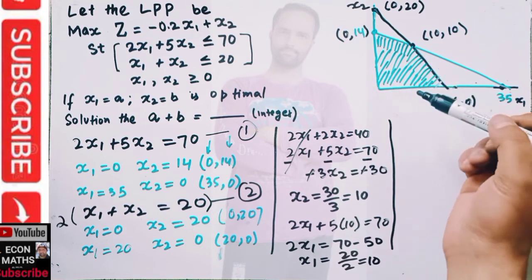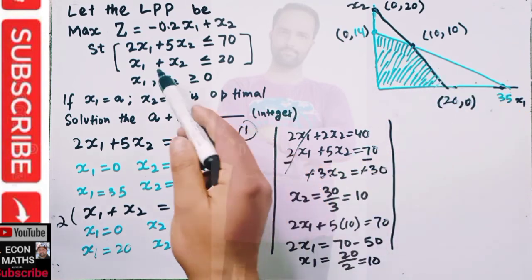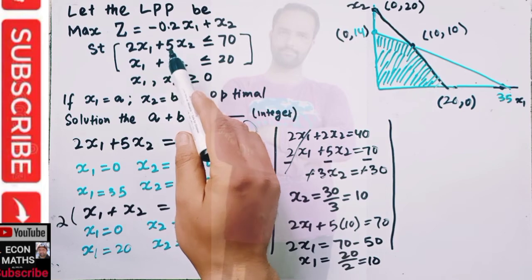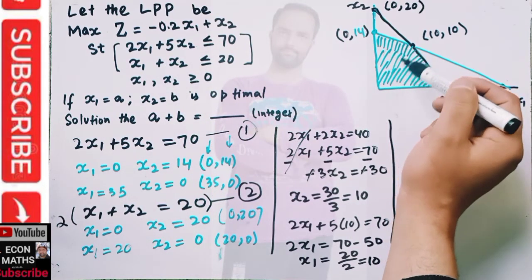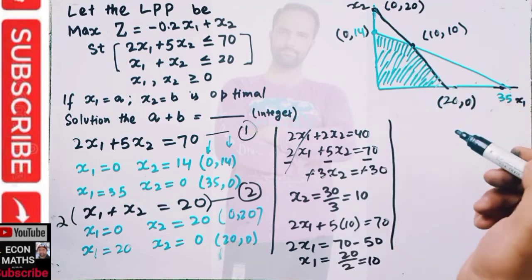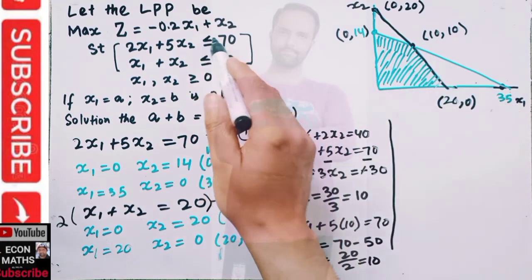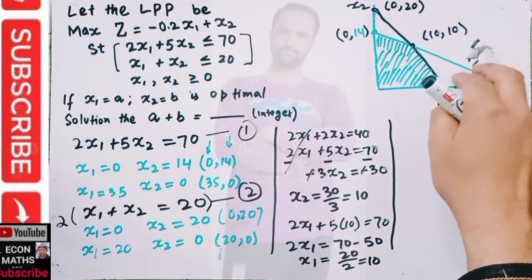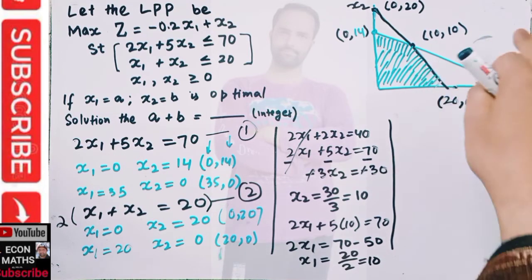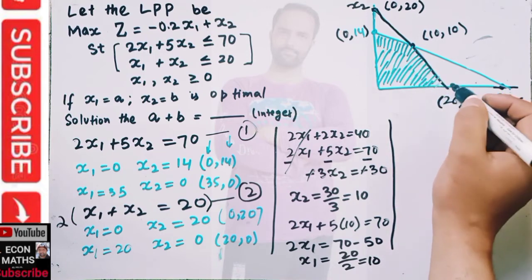Since we have x1 plus 5x2 less or equal to 70, this will lie inside this box here. If it was greater than 70, then our feasible region would have been upwards. So this is our feasible region.